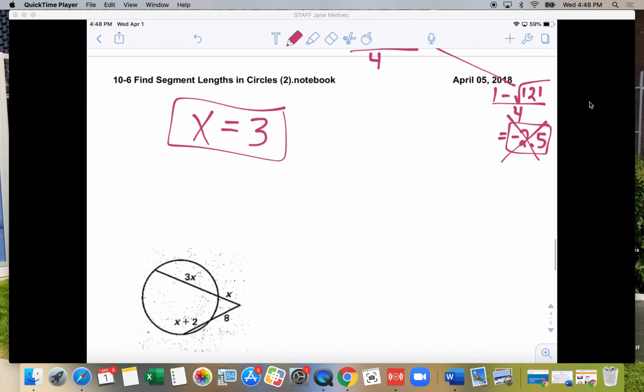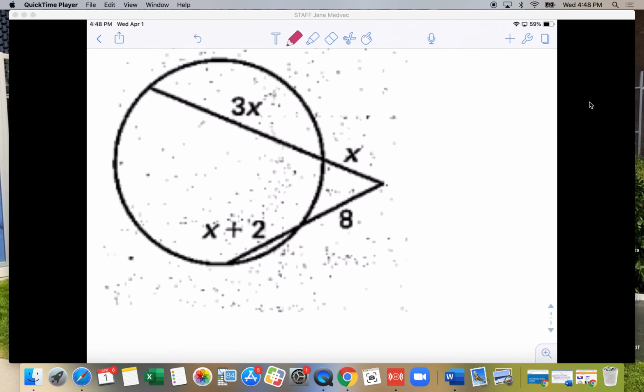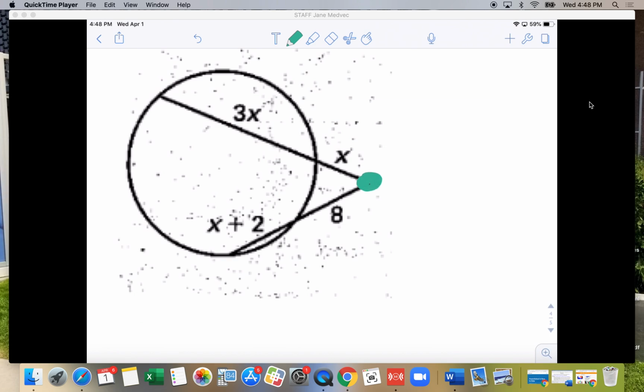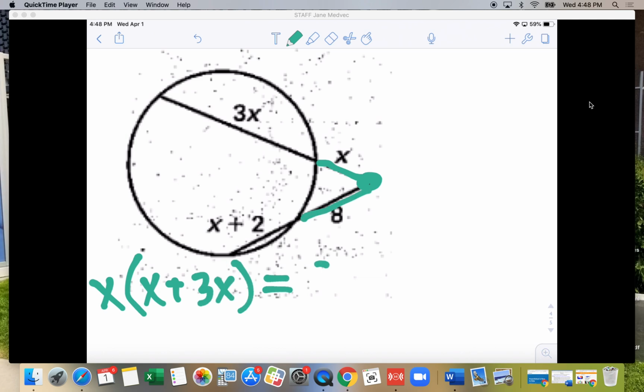Okay, let's keep going. Let's do one more together. And again, these are a little bit more difficult. Here's my intersection on the outside. So I'm going to take x right here, and I'm going to multiply it by x plus 3x equals, I'm going to take 8, which is a smaller, and I'm going to add 8 plus x plus 2.